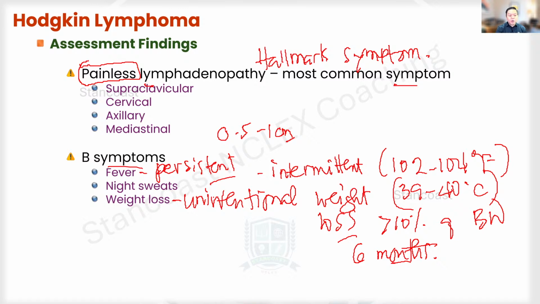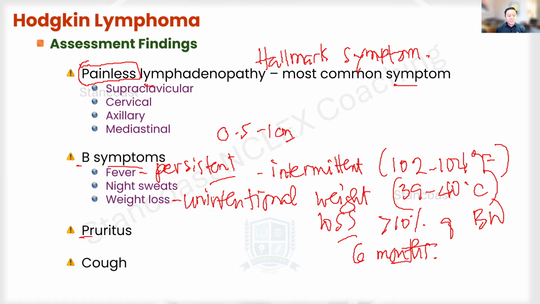Now, another problem that is under the B symptoms, it's actually a totally different group of manifestation. Pruritus is another manifestation here. Basically, the person will end up with massive itching. And of course, this is particularly after consuming alcohol, and it will be much more aggravated.